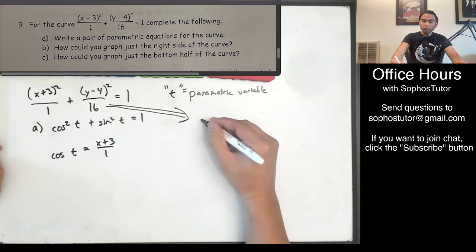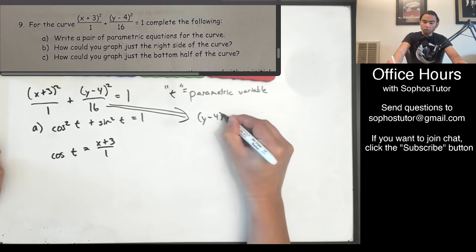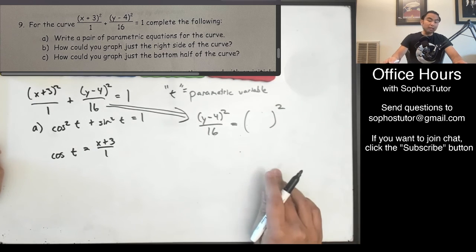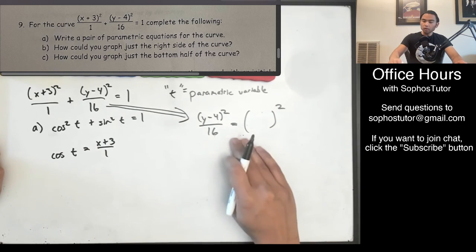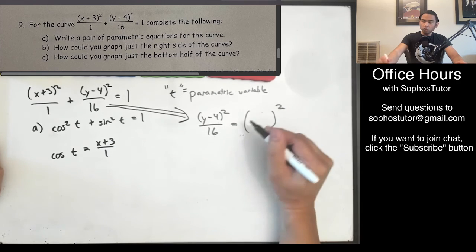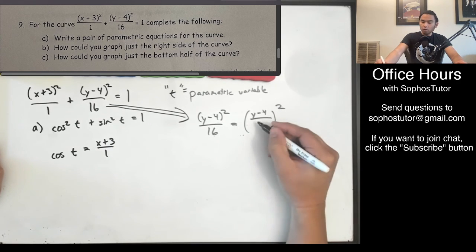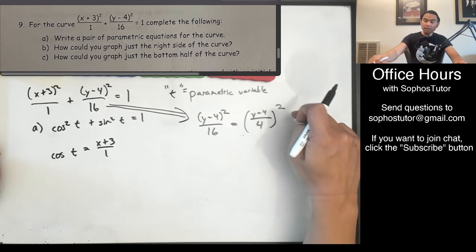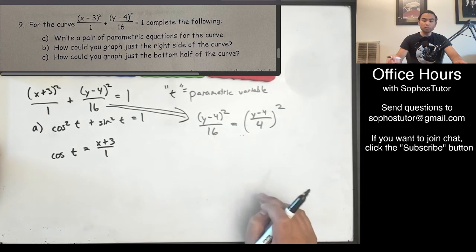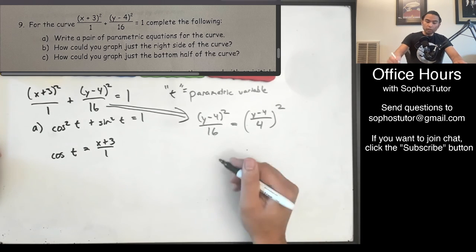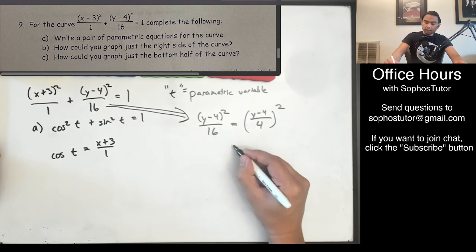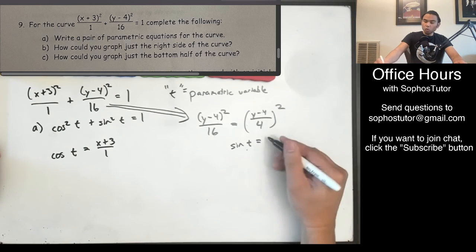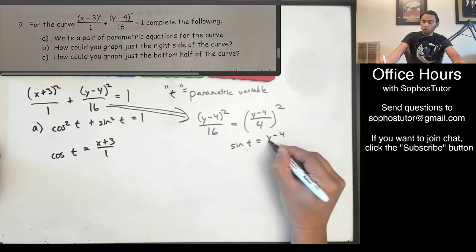So if I wanted to rewrite this, (y minus 4) squared over 16, but I really want to rewrite it such that I have a whole entity squared, well, this would be equivalent to (y minus 4 over 4) squared. Remembering that if we square a fraction, that square is going to be distributed to the numerator as well as the denominator. So we can say, therefore, that sine of t can equal what's inside of the square, which is y minus 4 over 4.